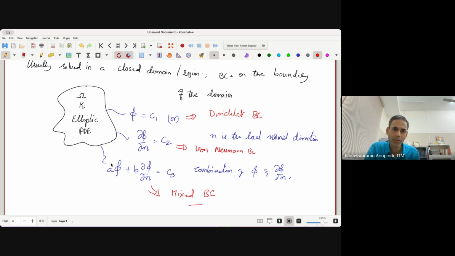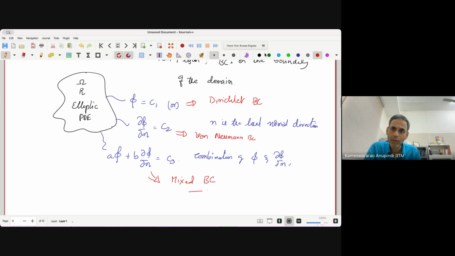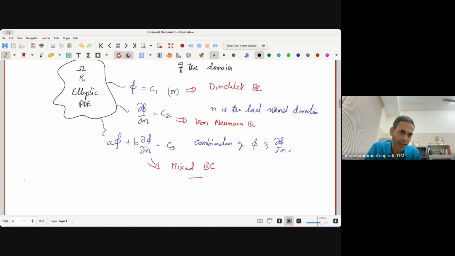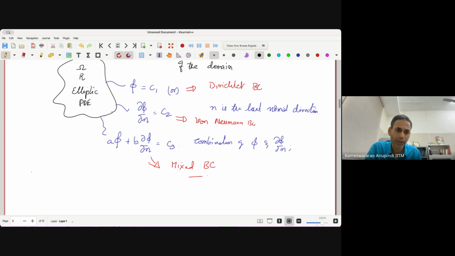Now, only when the boundary condition is specified on the entire domain, entire R, we call that problem well posed for elliptic problems.